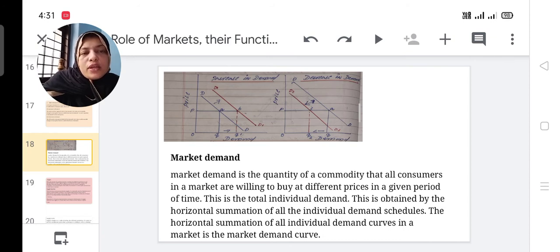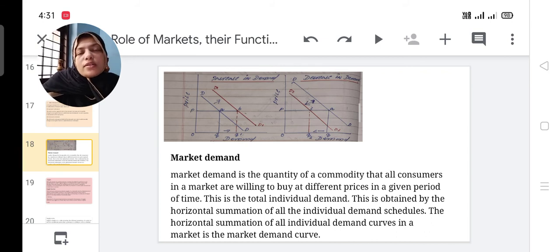It is the total individual demand. This is obtained by the horizontal summation of all individual demand schedules. The horizontal summation of all individual demand curves in a market is called the market demand curve.